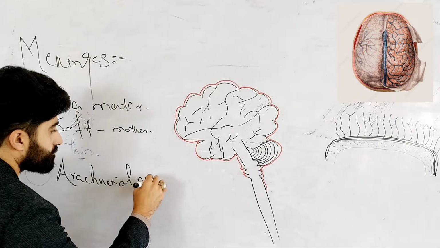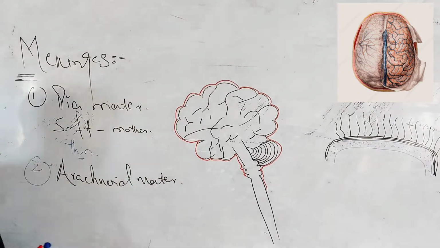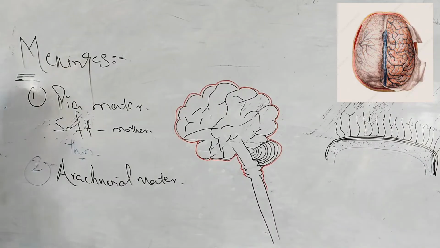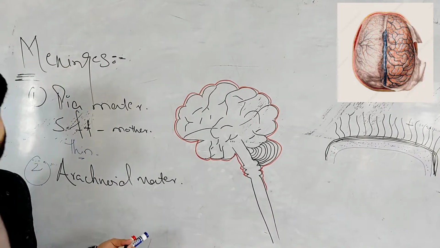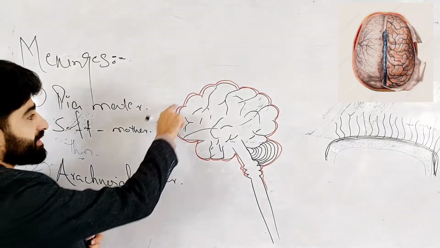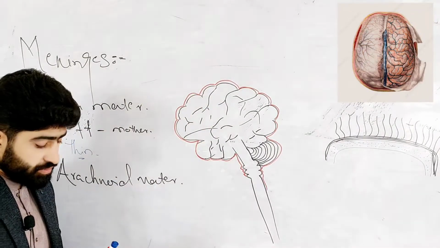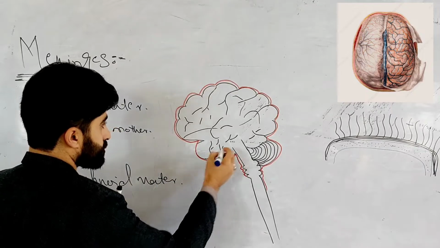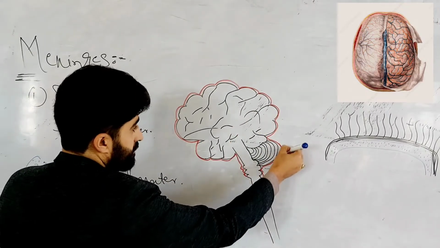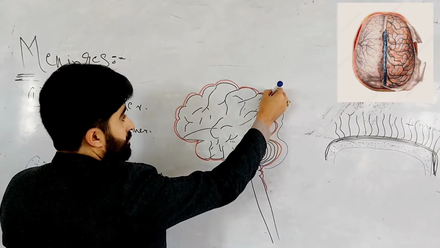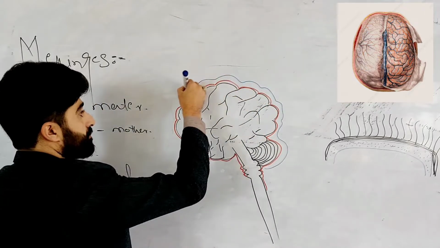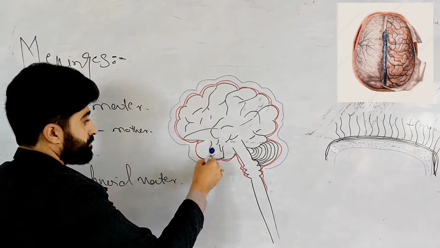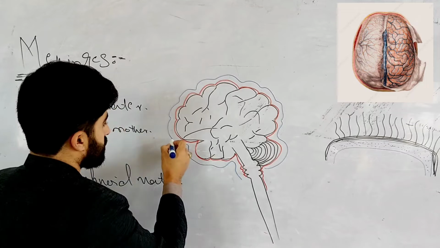Arachnoid mater. Arachnoid means spider-like, spider, and mater means mother. So this layer, the second layer, is spider-like. Okay. The second layer of the brain is like a spider.